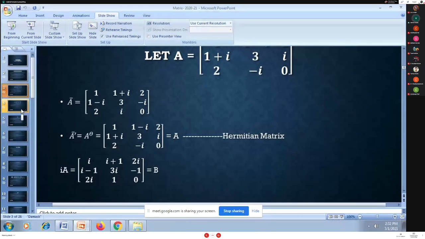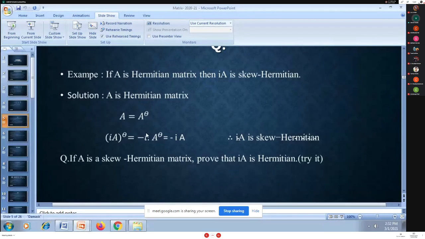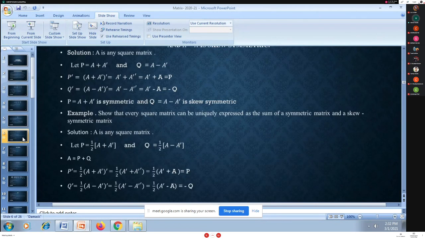In complex matrix, we looked at Hermitian and skew Hermitian matrix. For Hermitian matrix, we wrote A is equal to A raised to theta. Whenever A raised to theta is minus A, we get a skew Hermitian matrix. After that, I told you that 4 to 5 theory examples are there. Just wait.